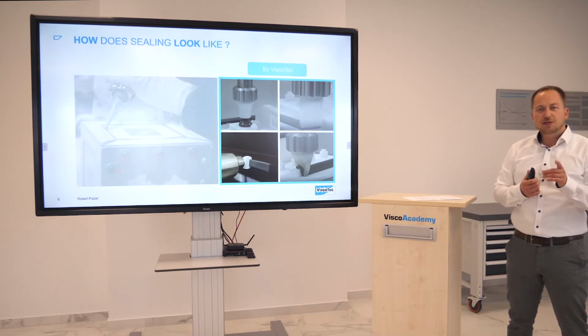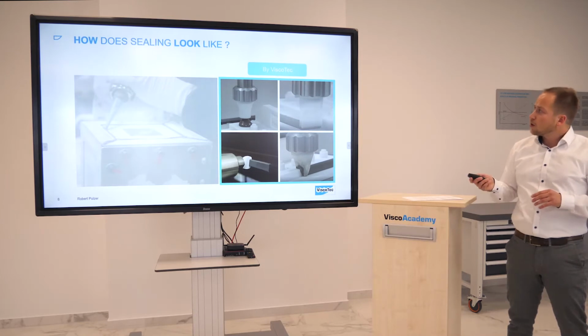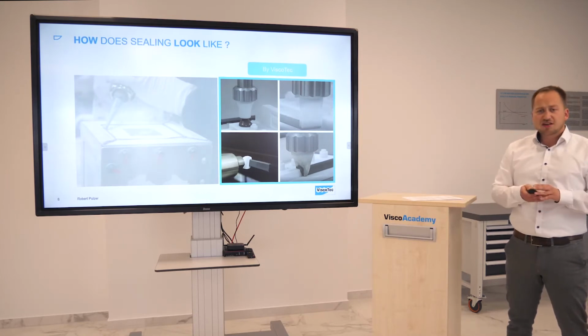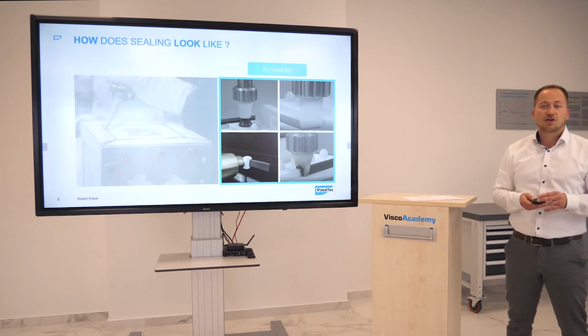It's my favorite because we spent the most development work in this application, and the result is really, really amazing. So, when there are so many nice solutions, why does not everybody have a dispensing system by ViscoTec or a robot which is faster and better than a worker?